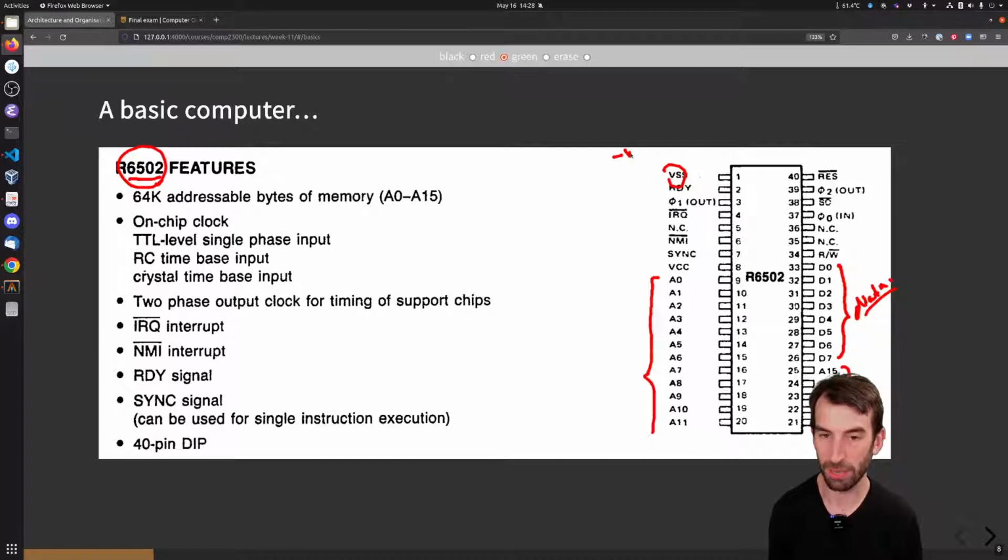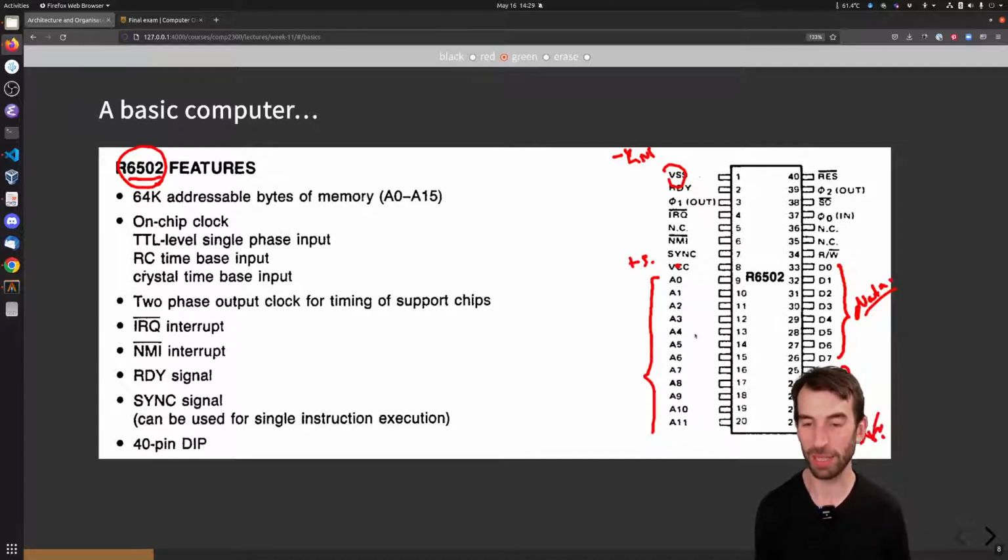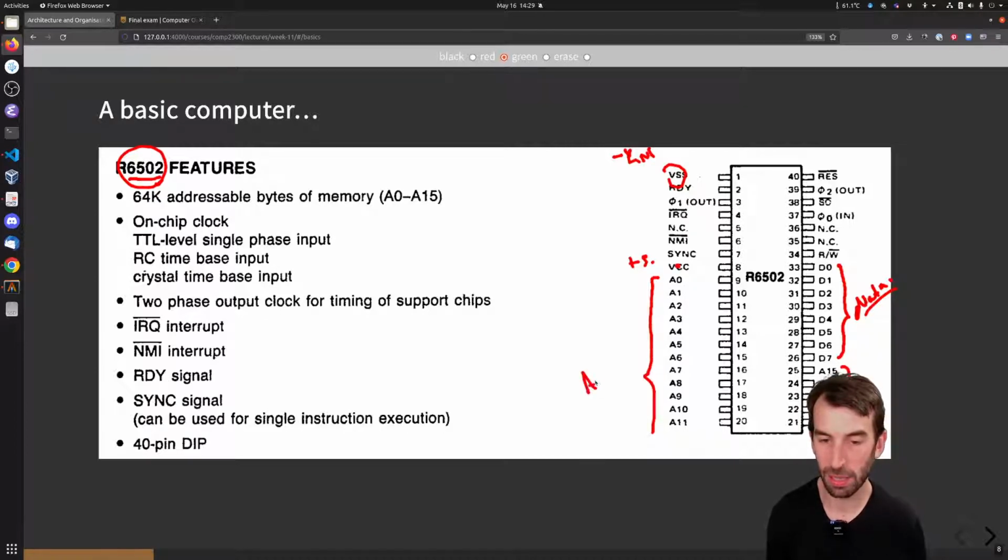Oh no, those are ground. I think that's plus 5 volts. I've forgotten how you label these diagrams. So our address bus is these 16 pins. So whereas it has an 8-bit data bus, it has a 16-bit address bus.